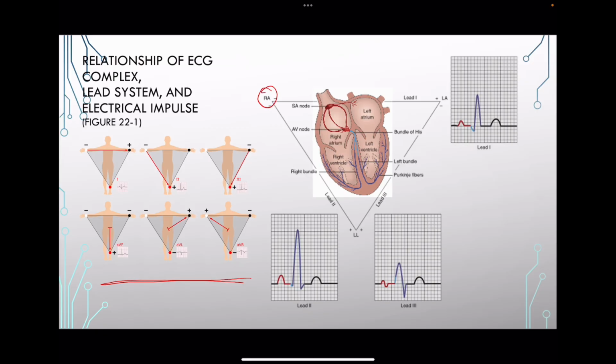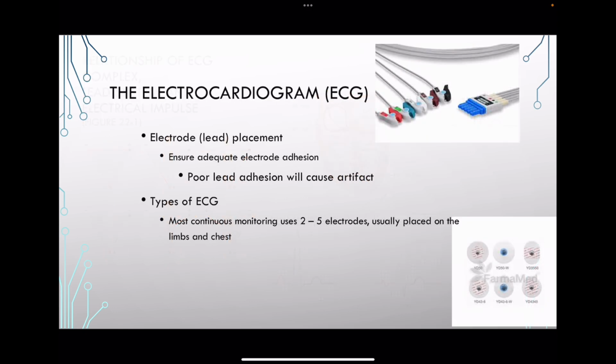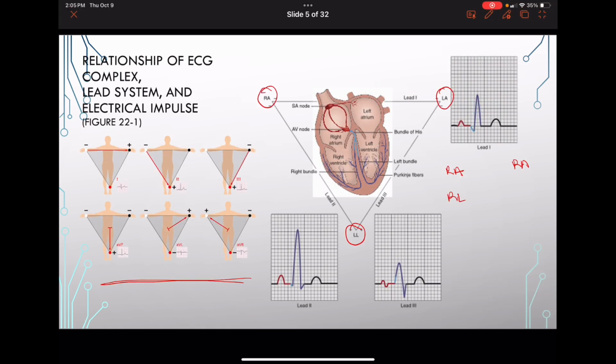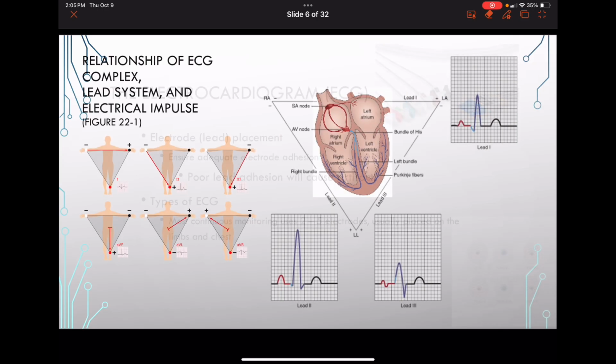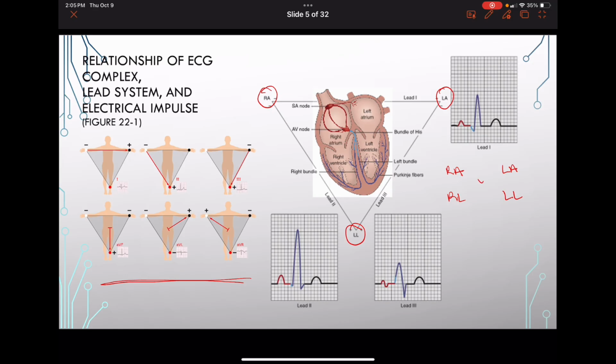So the RA is the right arm, the LA is the left arm, and the LL is the left lower. When you put on a 5 lead, you'll have the RA, RL, LA, LL, and then the V lead is in the middle.